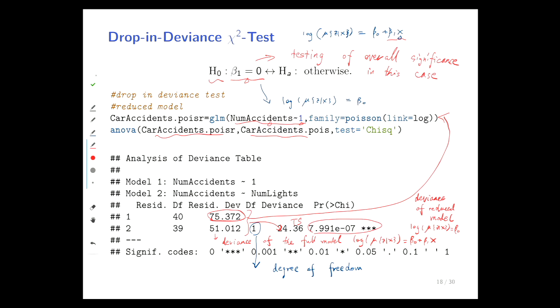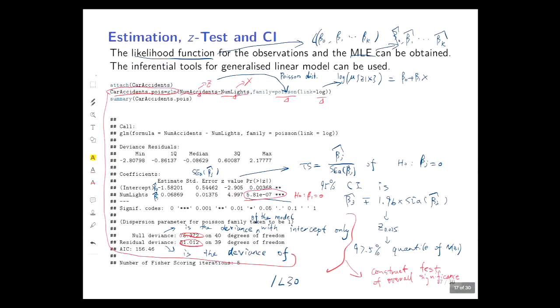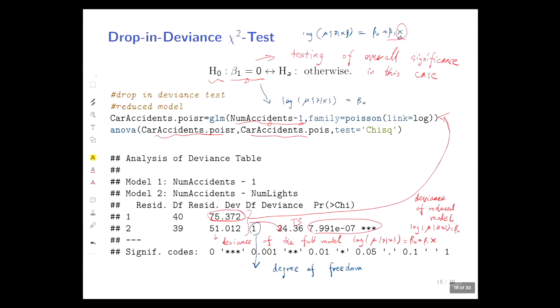In this example, because we only have one explanatory variable, you will find that the z-test for beta 1, the chi-square test for overall significance, and the chi-square test for one coefficient are all the same, because in this case we really have this very special situation with only one explanatory variable.